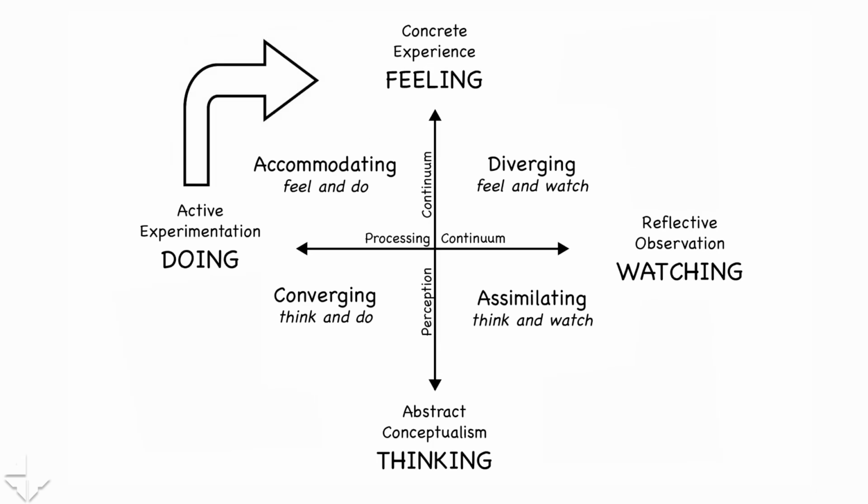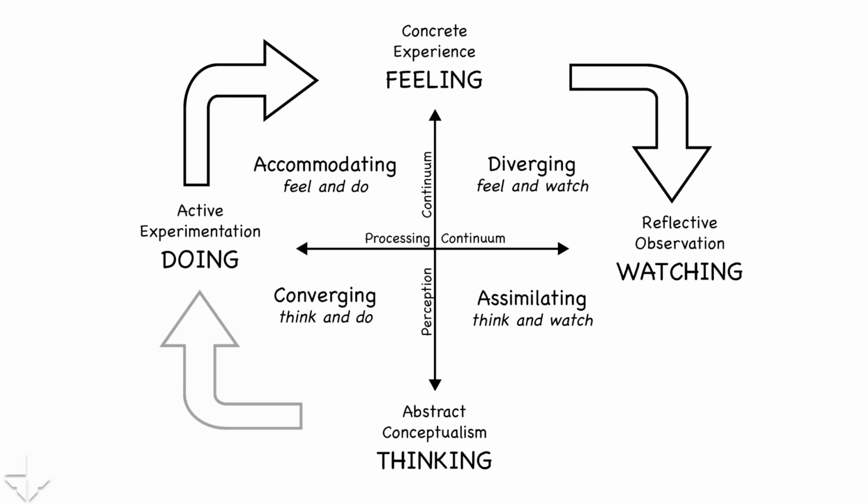Accommodators learn by apprehension and benefit from hands-on experience, while divergers learn by apprehension as well, yet internalize by reflection. The convergers learn by comprehension, separating theory from actual experience. And lastly, assimilators learn by comprehension, yet internalize the learning.